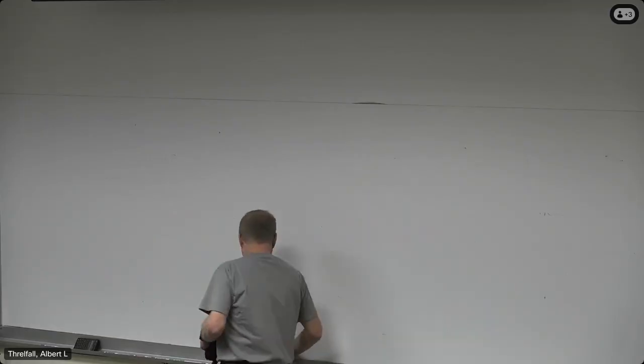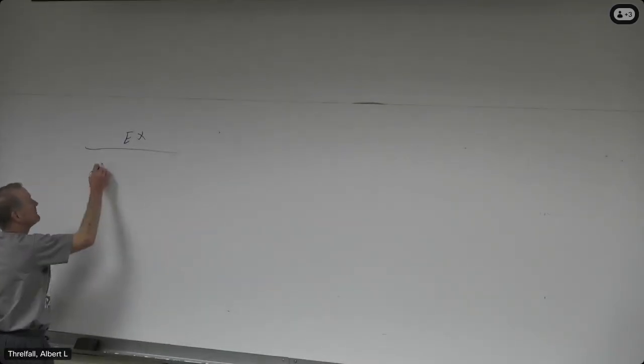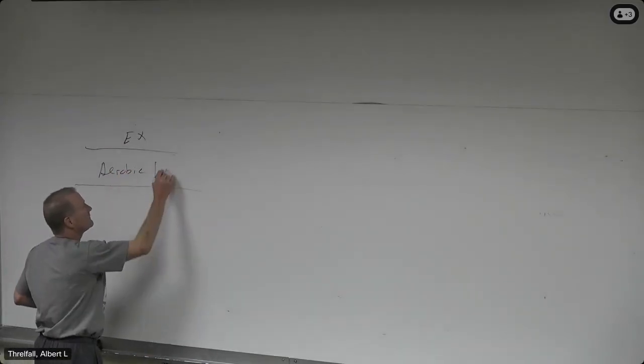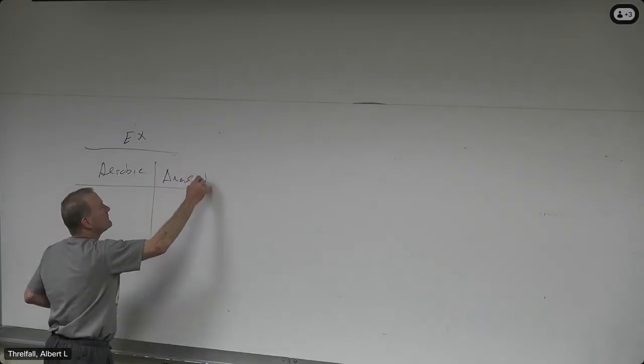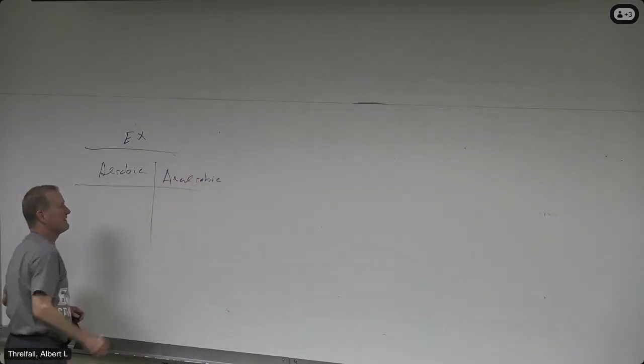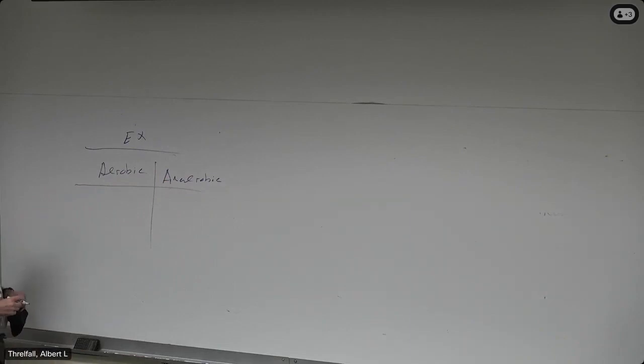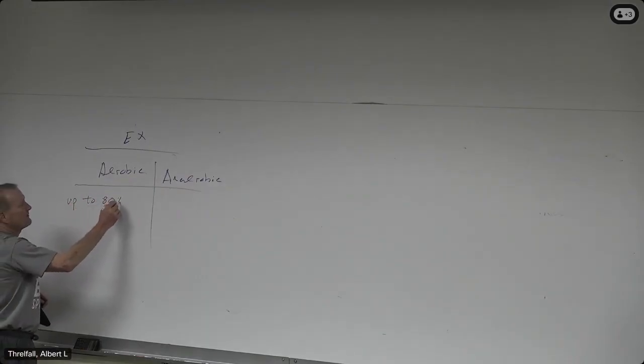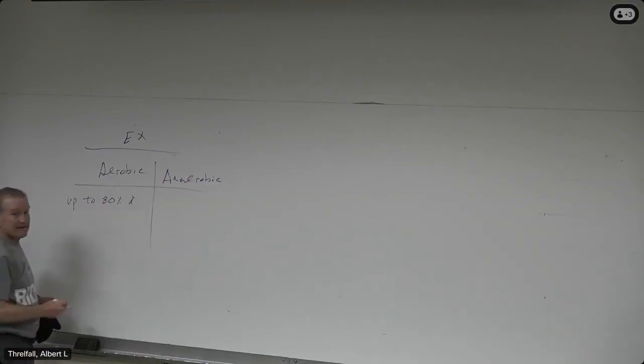Now, when we think about exercise, aerobic versus anaerobic, your aerobic world is going to be up to 80% intensity, not maximum heart rate, intensity.